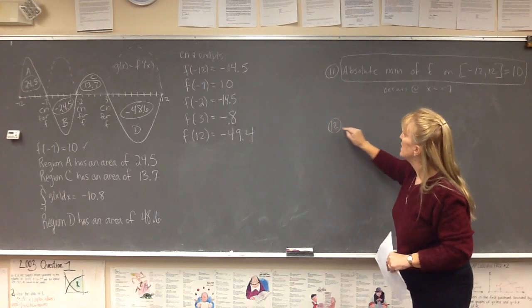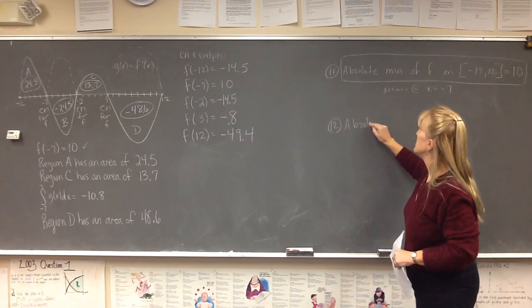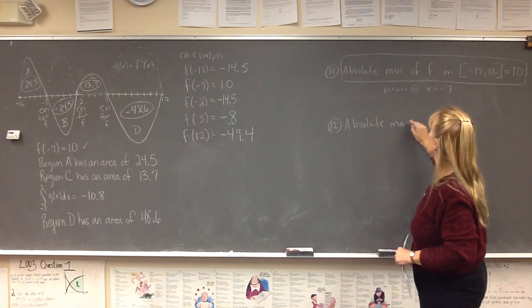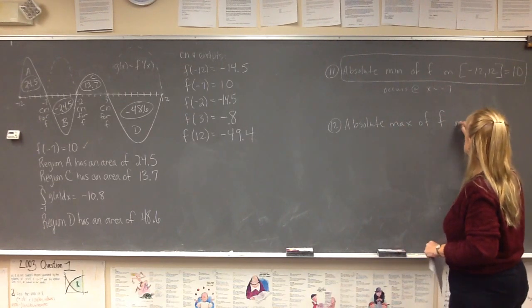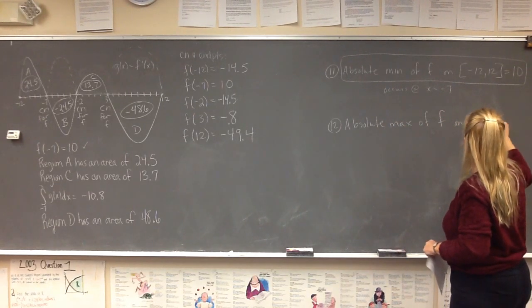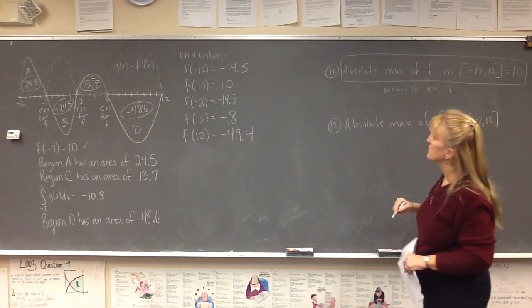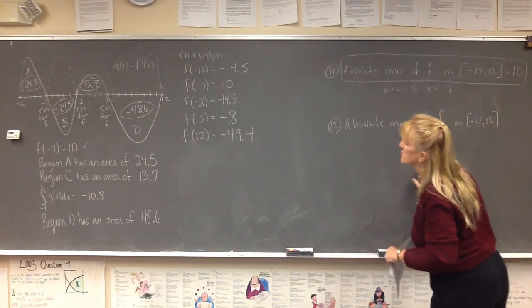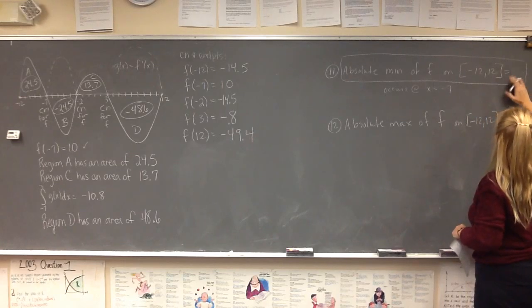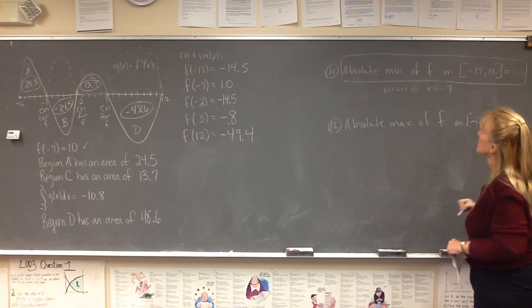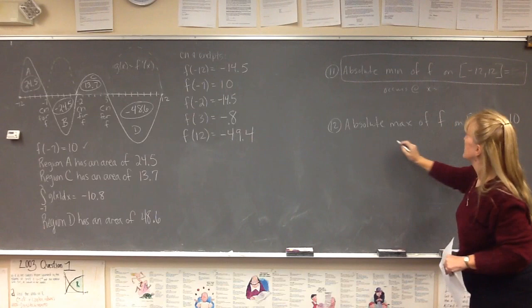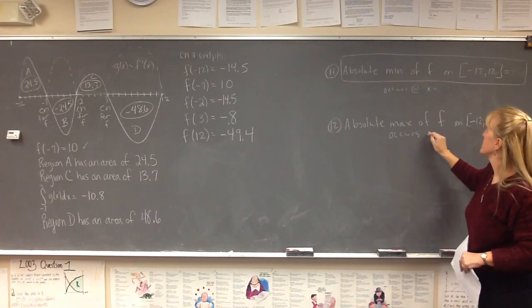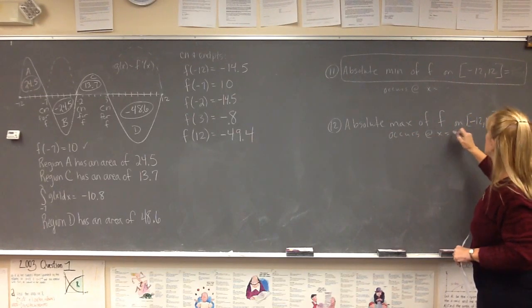And then number 12 is asking for an absolute min of f on negative 12, 12 again. And the highest, oh, did I do that backwards? I sure did. That is my max. Okay? And it occurs when x equals negative 7.